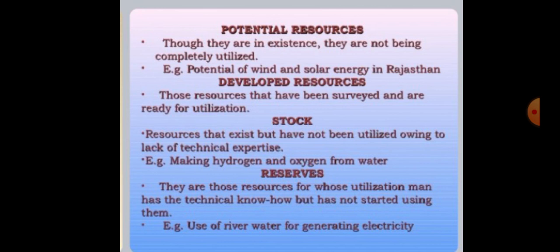They have the potential to fulfill the needs of the people, but we are not utilizing them. For example, the wind energy, solar energy in Rajasthan. Developed resources are those that have been surveyed and are ready for utilization. So we know where the existence is, what the quantity is, and all of that has been developed.